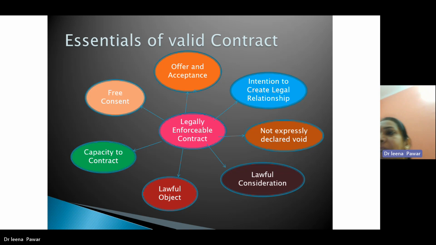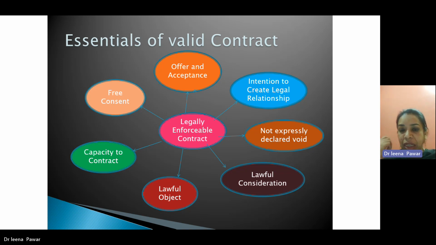So for legal enforceability, let us sum up what is necessary. What are the essentials of a valid contract? There must be two parties, offeror and acceptor, and there should be consent, a free consent of the parties. Parties should be competent to enter into the contract. There should be lawful consideration and a lawful object.